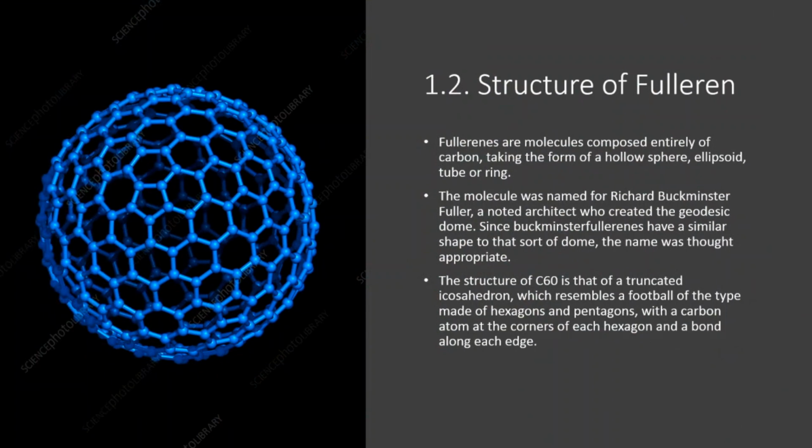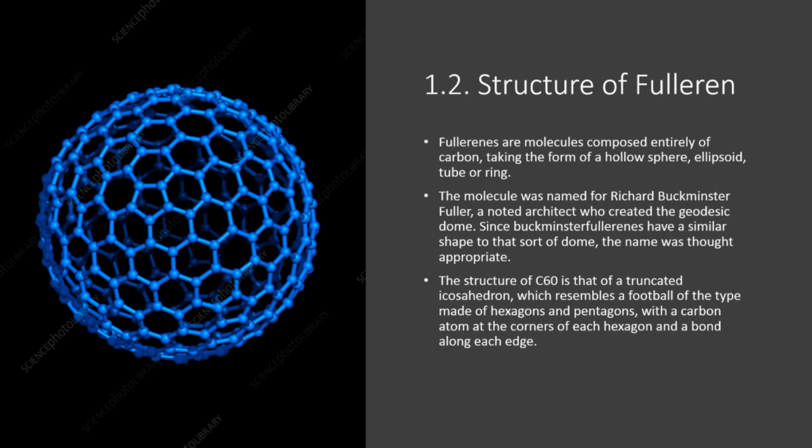Structure of fullerenes. Fullerenes are molecules composed entirely of carbon, taking the form of a hollow sphere, ellipsoid, tube, or ring. The molecule was named for Richard Buckminster Fuller, a noted architect who created the geodesic dome.